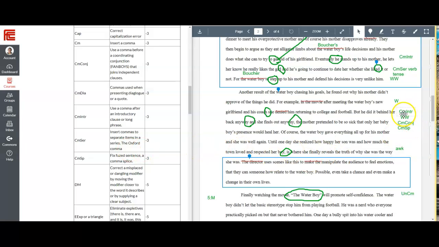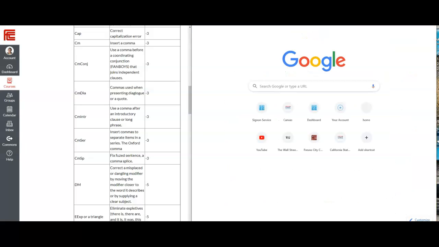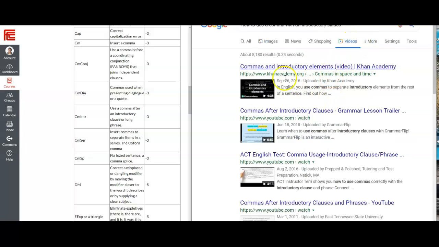So let's start with the comma introduction. Use a comma after an introductory clause. Let me show, if I were to come on over to a Google page here, and I would search how to use a comma with an introductory clause. And then they would come on over to videos, commas and introductory elements.